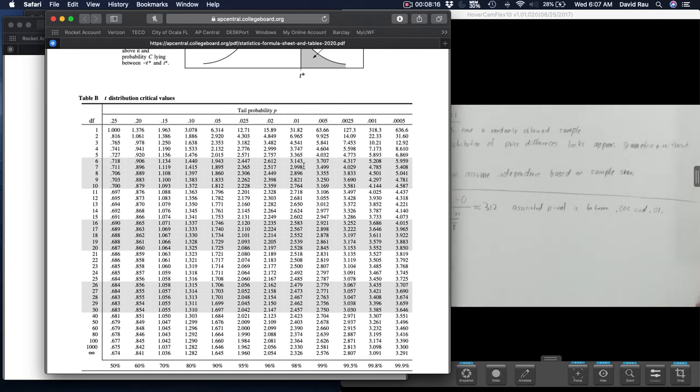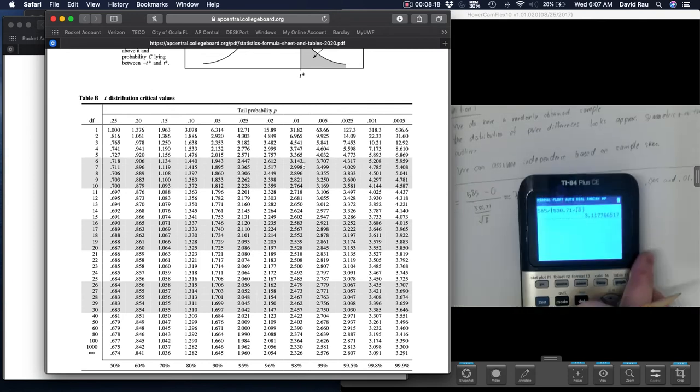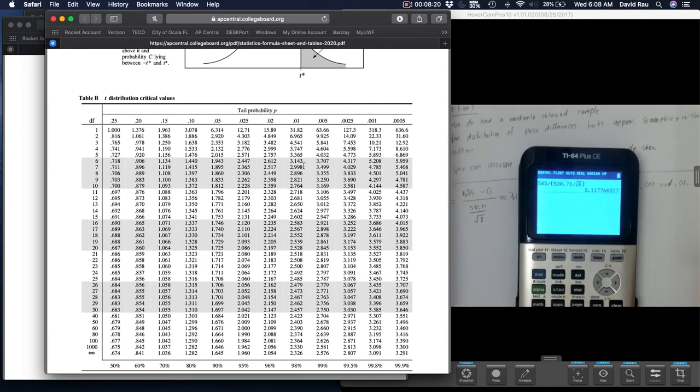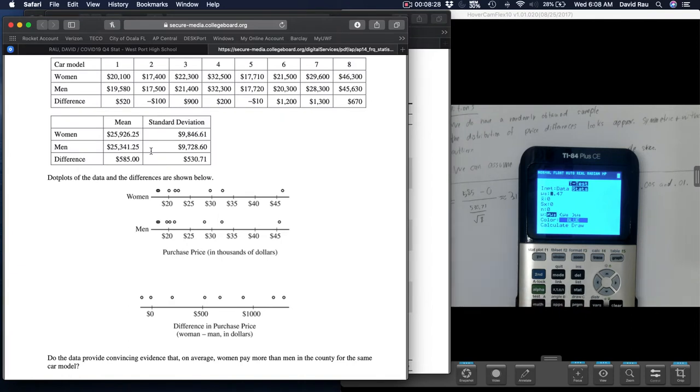And you might want to say using t-table. Again, let's just do this. We're just doing a regular t-test. And so in other words, when it's a matched pairs, it technically falls under the category of a standard t-test. We have 585. Oops, sorry, the expected was 0. We have 585.